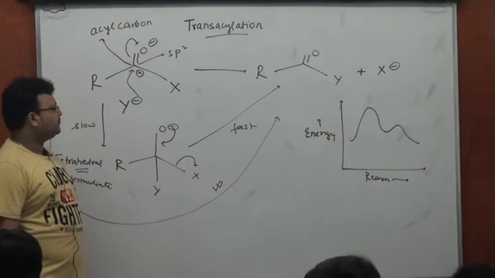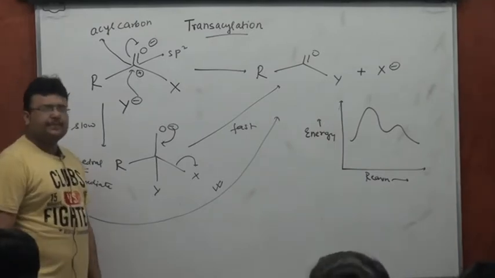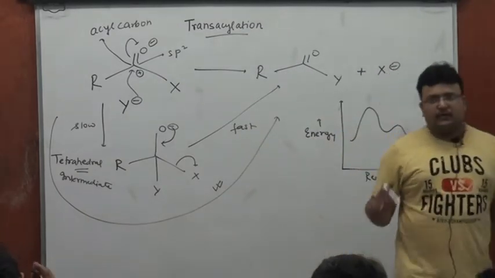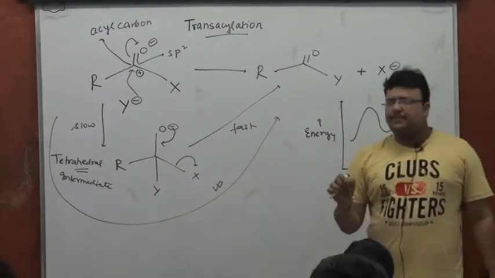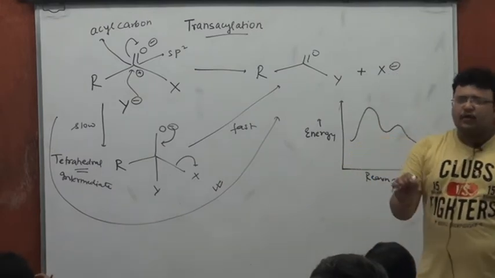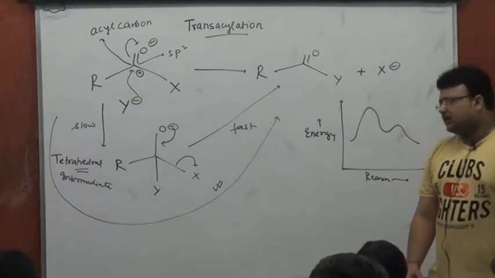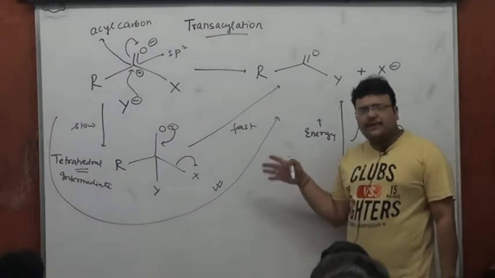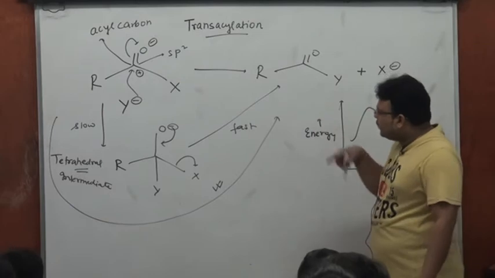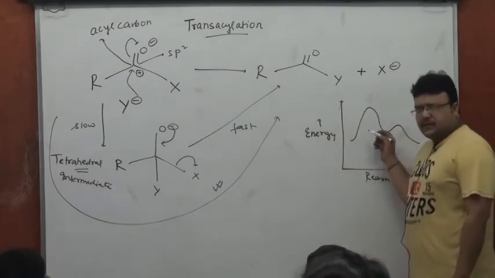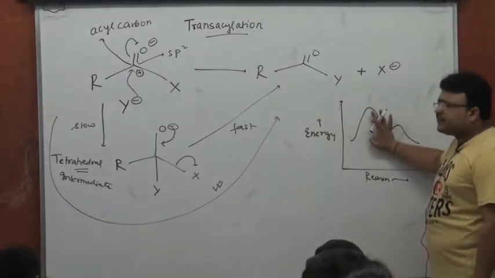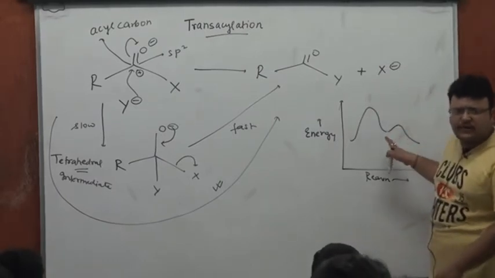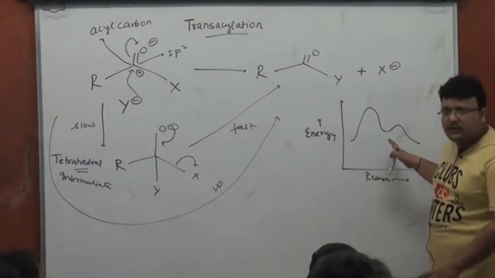Also, it could be proved by the study of the corresponding Gibbs free energy change and the entropy changes in both these steps. You see this peak is higher, suggesting the activation energy is more. And in this two-step process, the first step is slow and the second is fast. You all relate to it?